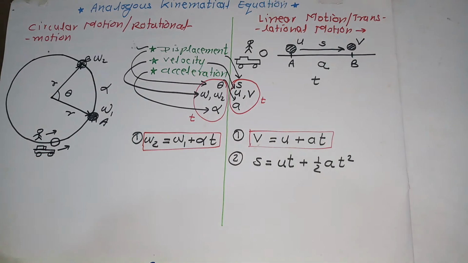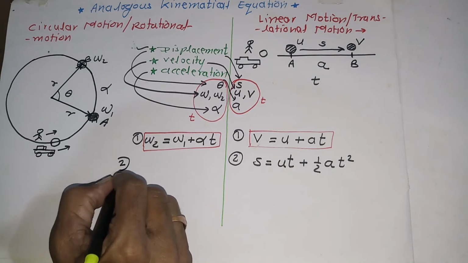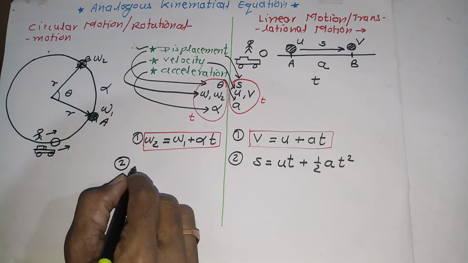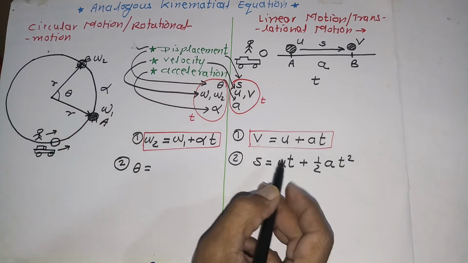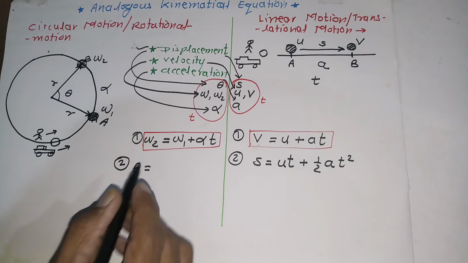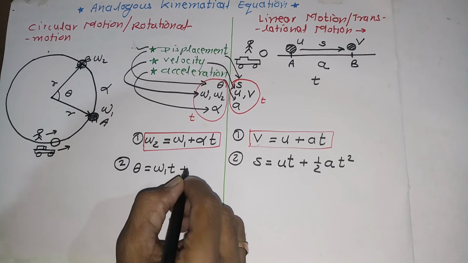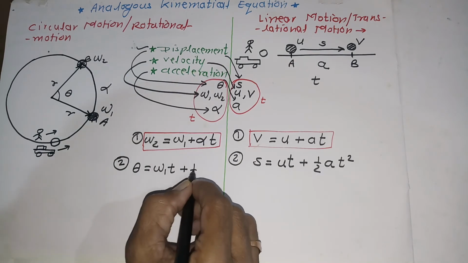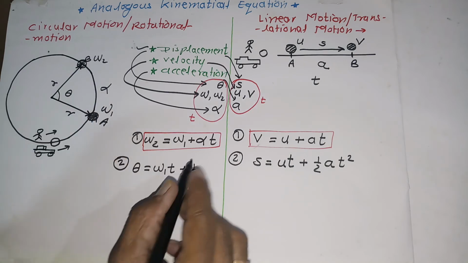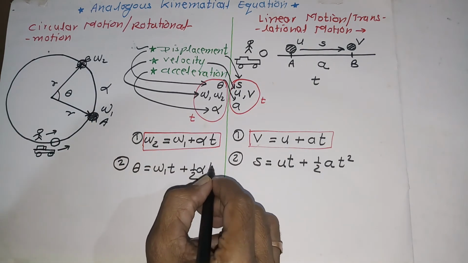The second kinematical equation for circular motion: displacement theta is equal to initial angular velocity omega 1 into t, plus half alpha, the angular acceleration, into t square, here also t square.